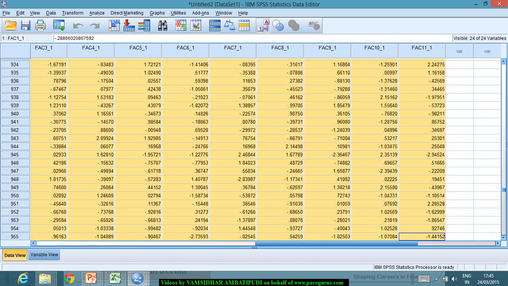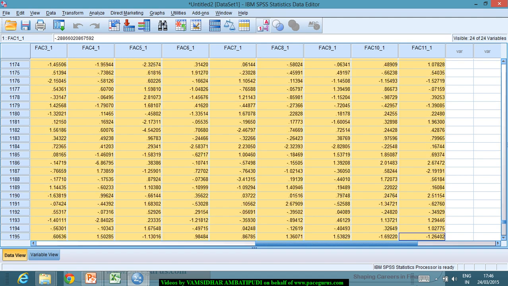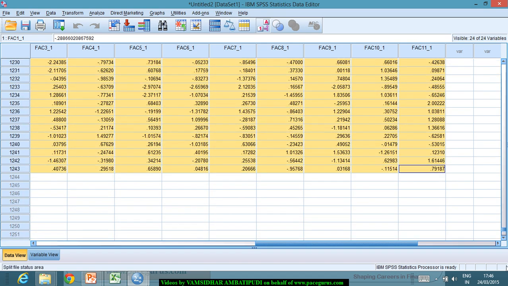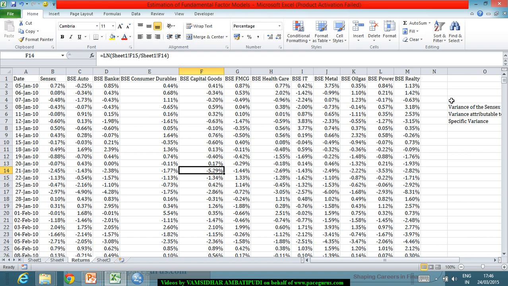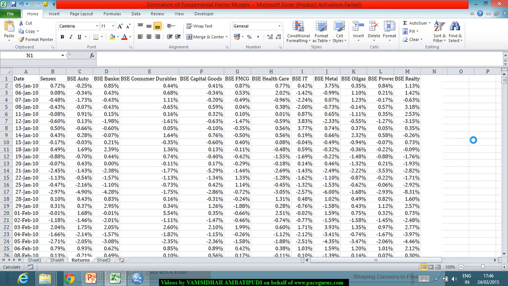I could do this in SPSS as well. Otherwise, what I'll do is copy the factors that got created, and here is where I'll create some new columns.